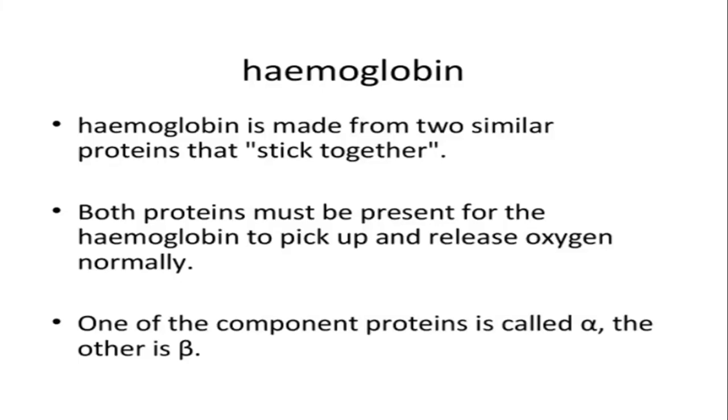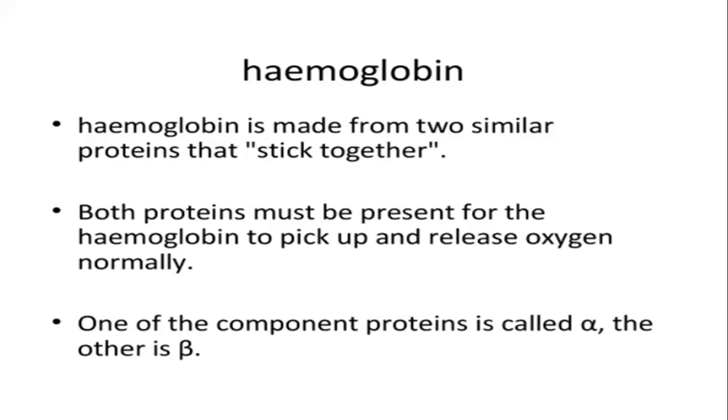I'll be demonstrating a little later the kind of bonds involved between one subunit and another, or one cluster of polypeptide chains against another cluster. Because again, this is what really helps us to understand how hemoglobin functions. All right, so both proteins must be present for the hemoglobin to pick up and release oxygen normally. And as I said, we will be looking at the details a little later.